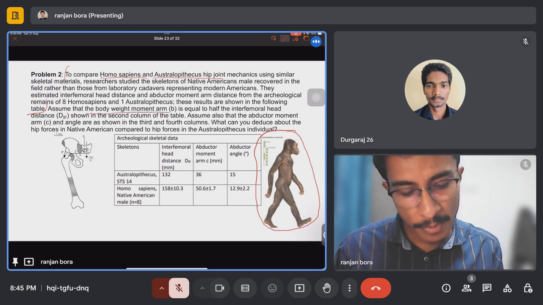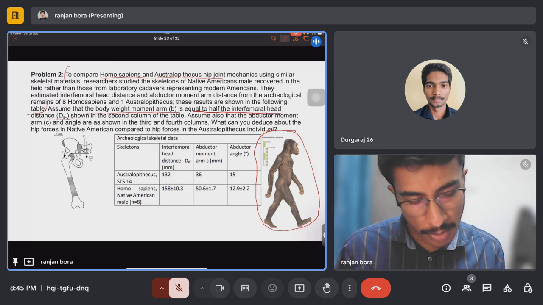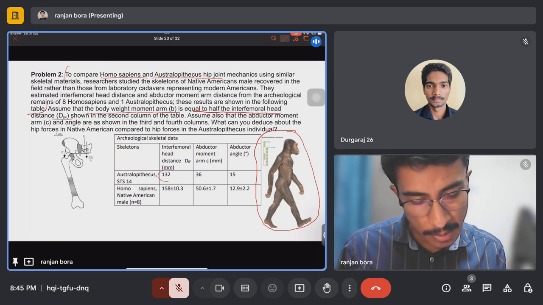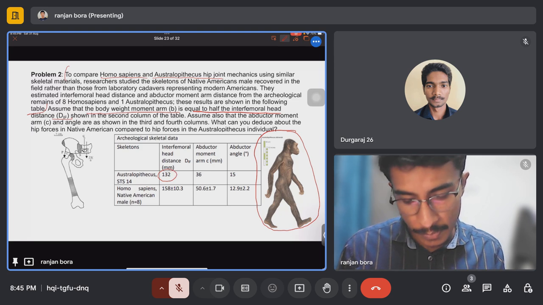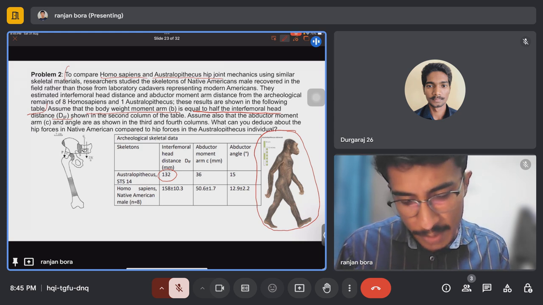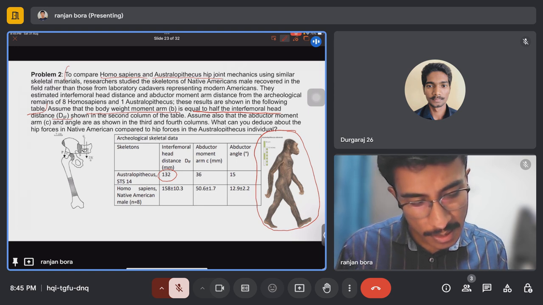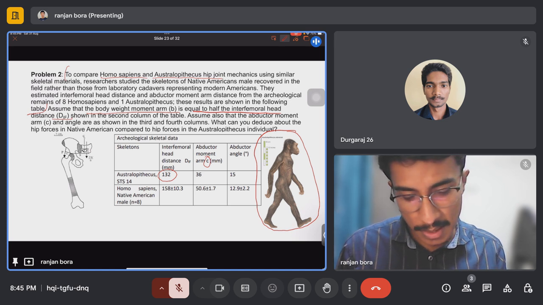The body weight moment arm is equal to half the interfemoral head distance DIF. Where is DIF? DIF is given here in this table. And the abductor moment arm C, and the abductor angle is 15 degrees.